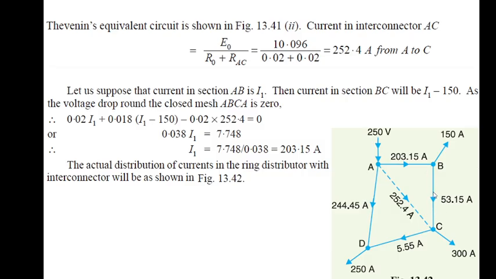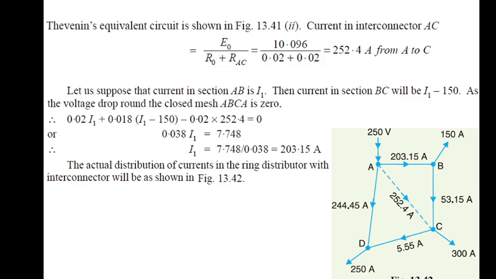Applying KVL around the closed loop ABCD, the sum of voltage drops is set to 0, and this leads to an equation involving the resistance and the current in each section, which simplifies so we can find A1 equal to 203.50 amps.